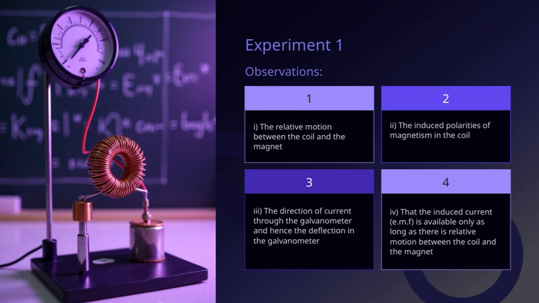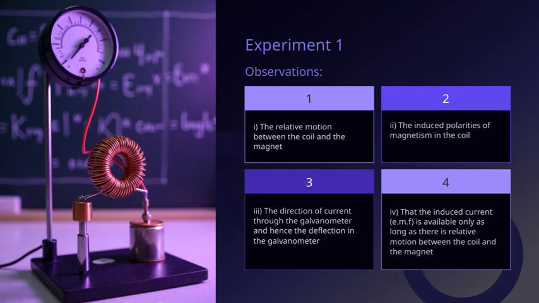Then, we examine the direction of the current through the galvanometer, which determines the deflection we observe. The direction of the current depends on the movement and the change in magnetic flux, and this is what causes the needle in the galvanometer to deflect in a particular direction. Finally, the first point emphasizes the importance of the relative motion between the coil and the magnet.